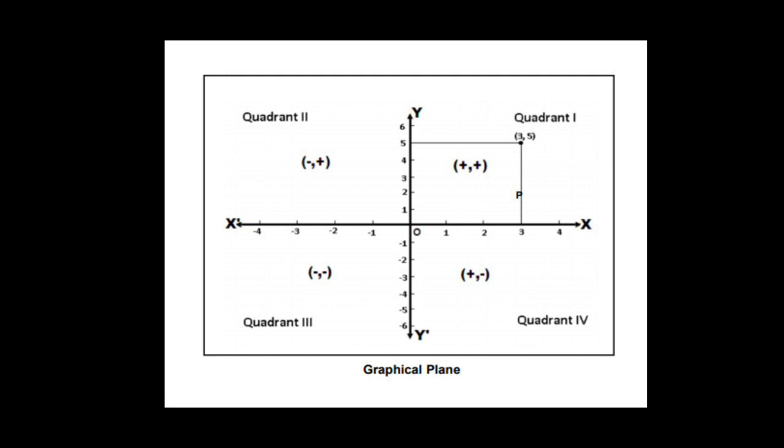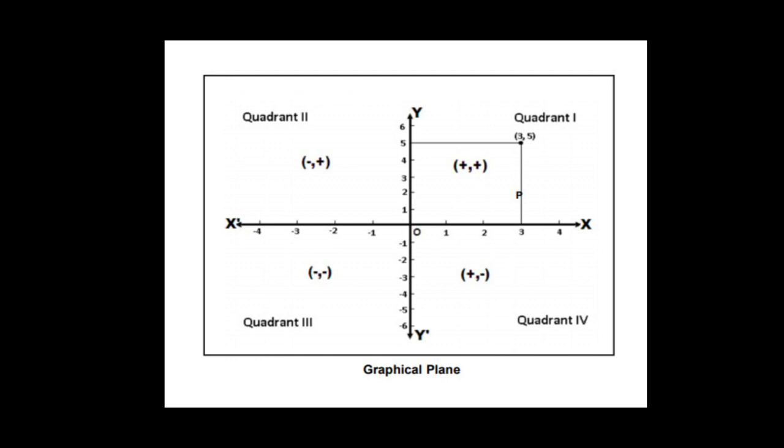We can see here that the line xx dash, which is the horizontal line, is the abscissa, or we can say x-axis. And the vertical line yy dash is y-axis, or we can say ordinate. These two lines cut each other at point O, or we can say at point 0, which is the point of origin.